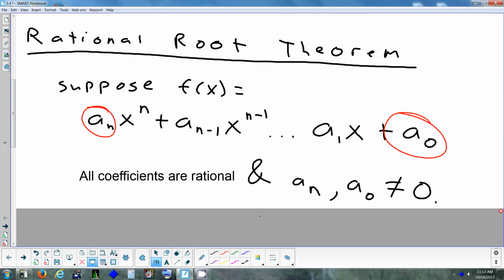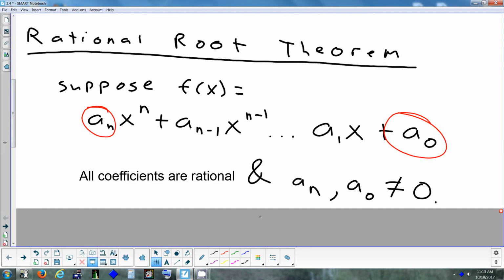First of all, in order for this theorem to work, I have to make a couple assumptions. First, I'm going to assume that all the coefficients are rational. So you don't have any square roots, that would be irrational. You don't have pi, the symbol pi, in there anywhere. All the coefficients can be written as fractions.